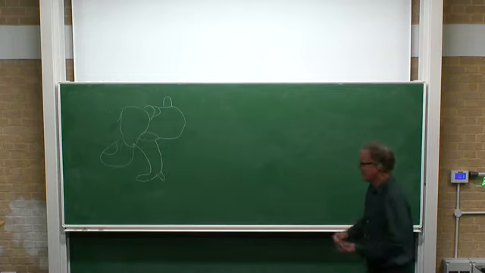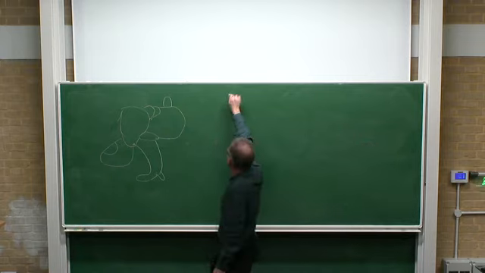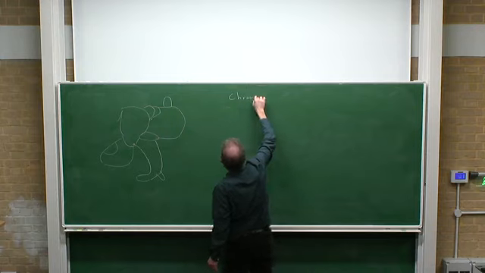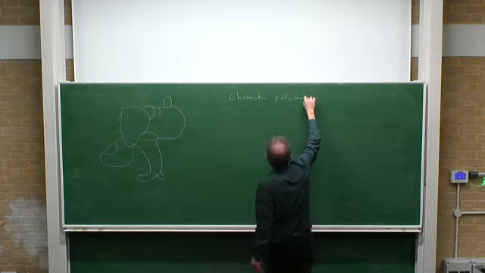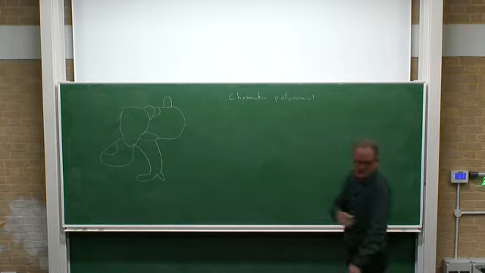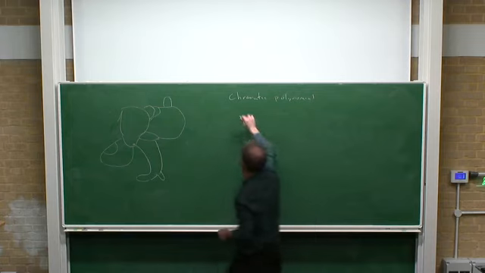So anyway, where this is useful is the chromatic polynomial, which started out measuring the number of ways of coloring a map.